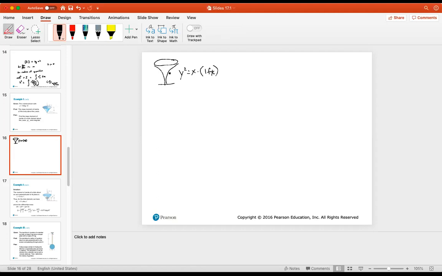So to do this, there are lots of ways to do this. I'm going to use the washer method, or really I'm just going to build this shape up out of a stack of pancakes. So I'm going to imagine that I can make this shape out of a stack of pancakes like that.